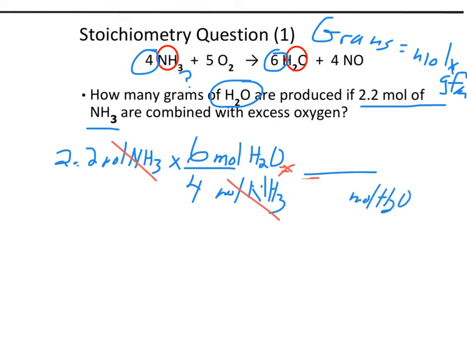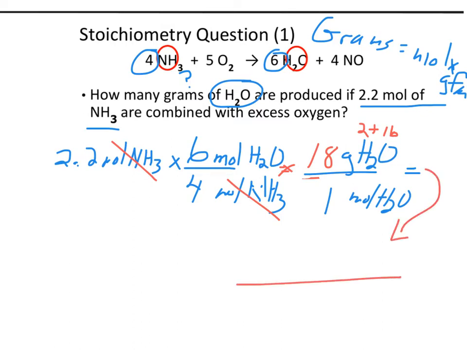For every 1 mole of water, how am I going to figure out those grams? The molar mass. So how much does water weigh? Oxygen is 16, hydrogen is 1, 1 times 2 is 2, so 2 plus 16 is 18. That's my molar mass. So all of this will give me my grams of H2O.